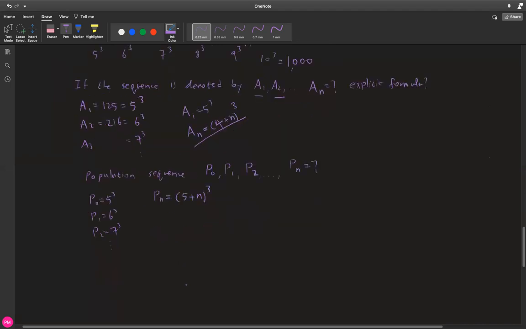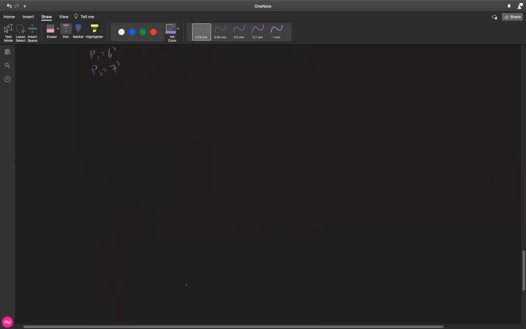So let's look at maybe one more example before we wrap up this lecture. Let's consider the following sequence.